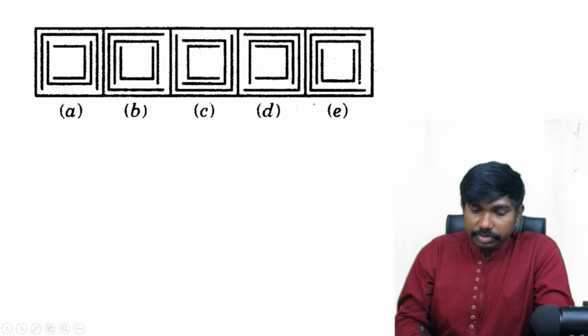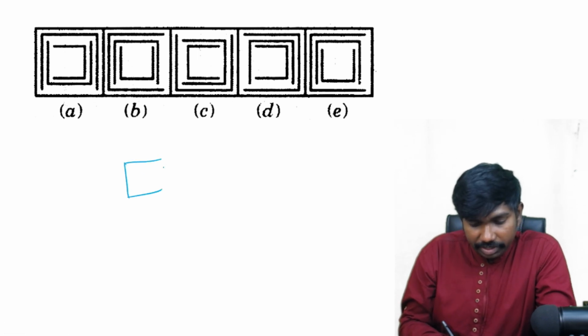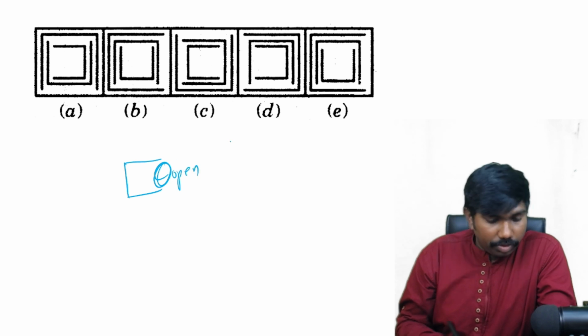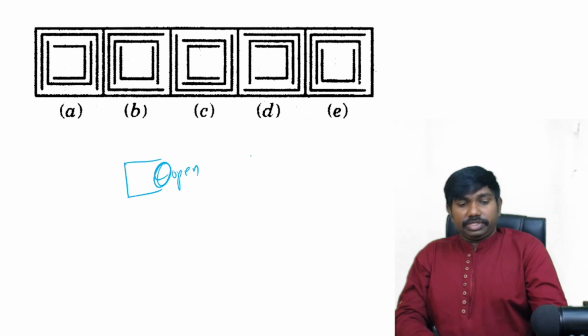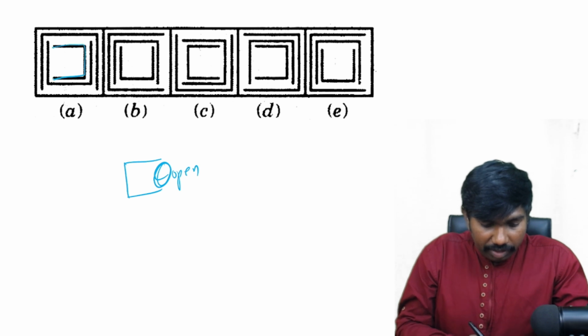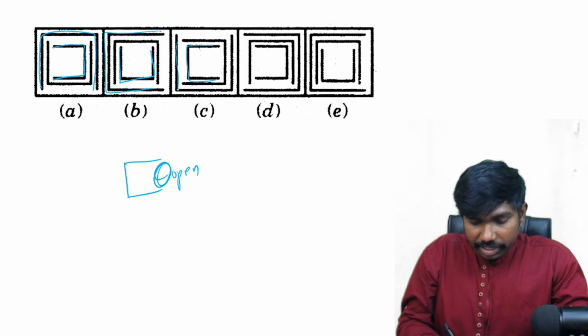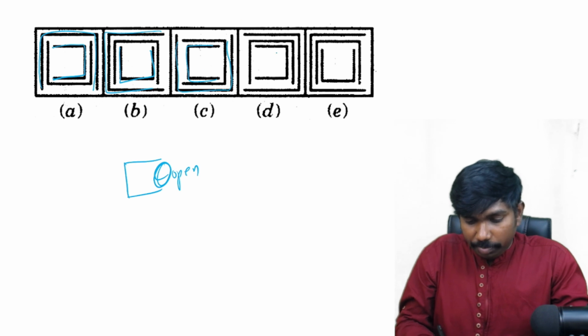Next is opening. Squares are opened on one side. It may be any side, one side open, and depending on that open side we can decide our answer. Let us check. So the internal one and the external one, opening is not in the same direction. The innermost and external are not in the same opening.